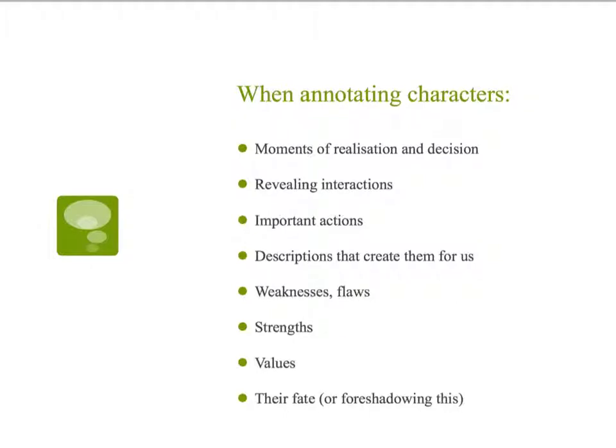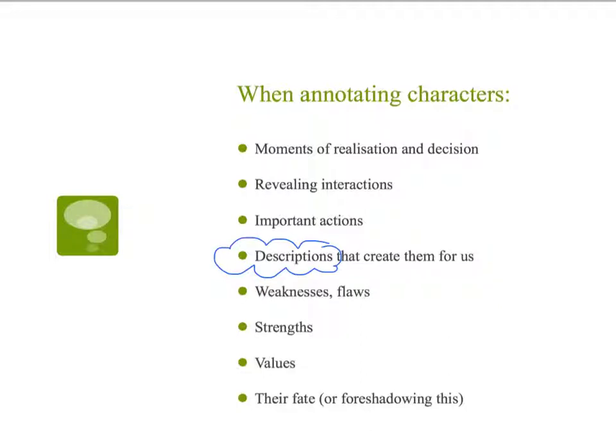And let's say you've chosen a highlighter colour, maybe green, for characters. Pick out moments of realisation or moments of decision when they've had to make a choice, or perhaps a particularly revealing interaction with another character, or an important action that they undertake. There might be a particularly evocative description that really creates that character for us and we get a proper sense of them in our mind, images, similes or metaphors.